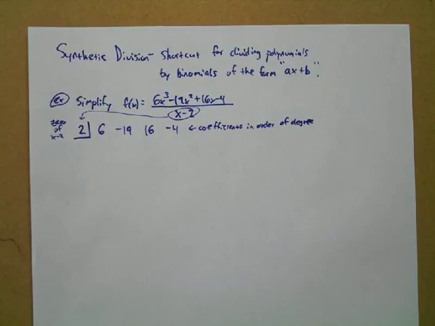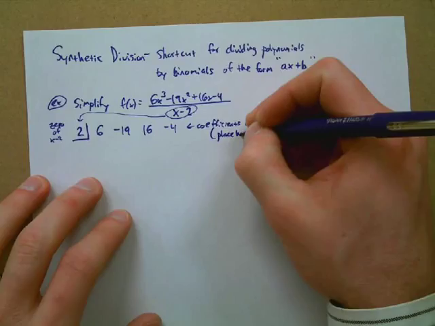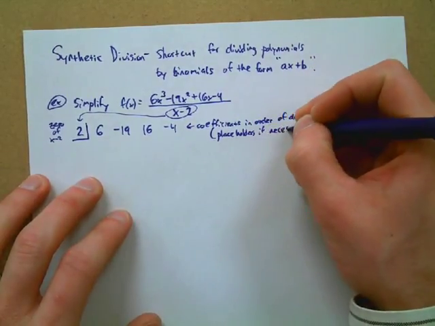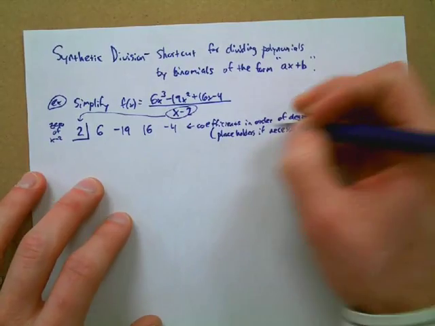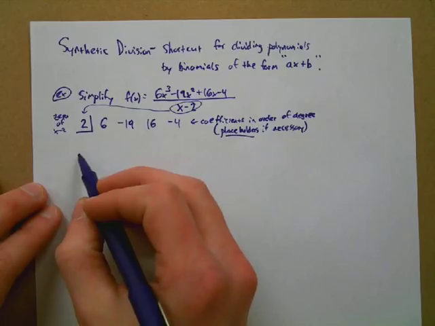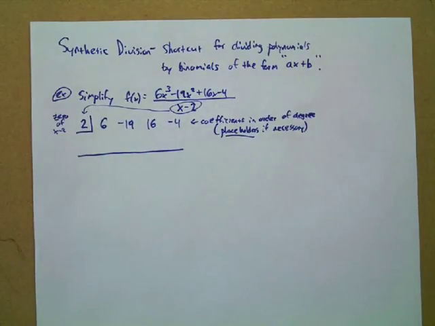And then we finally can start doing the synthetic division. All right, and we start by taking this 6 and dropping it down to right here. And then that 6 we multiply with a 2.